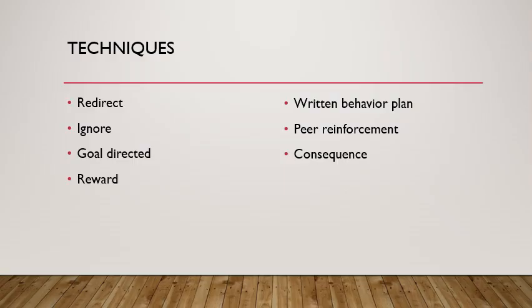Obviously not an over the top consequence, but it can be picking up trash or whatever the teacher wants them to do. The teacher says, this behavior was not acceptable, and I'm going to need you to pick up the books that you threw on the floor, or whatever it is. That accountability back to the teacher is really important, I had read, and it helps you have a relationship with the student.